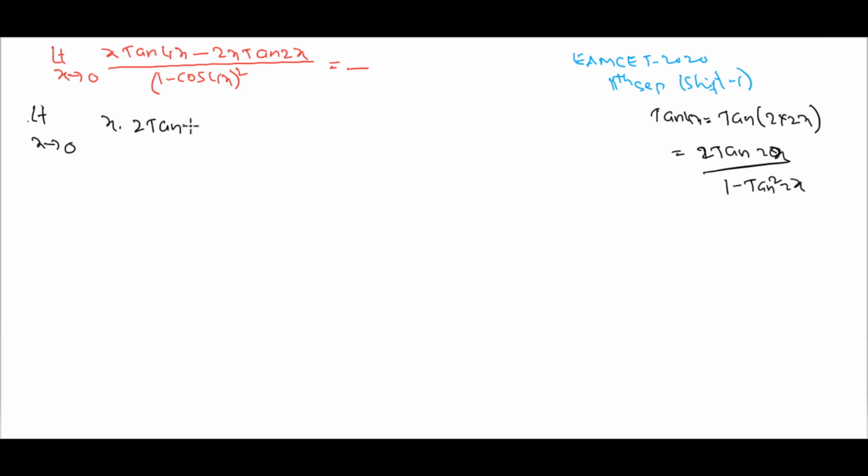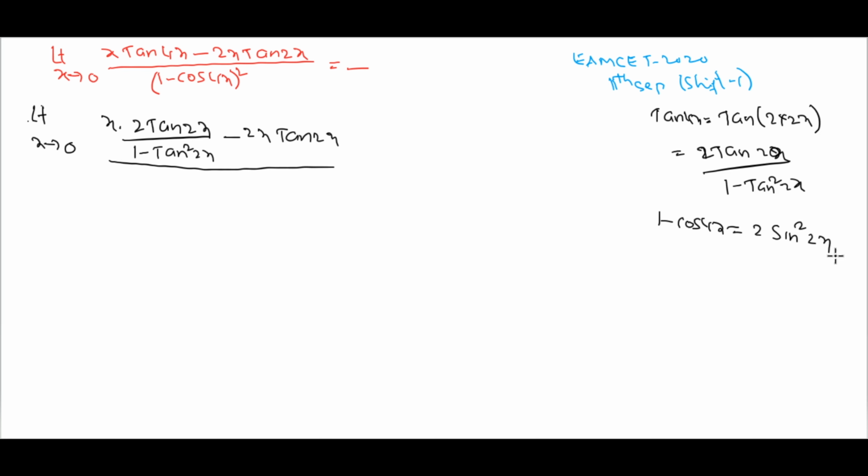that is x into 2 tan 2x by 1 minus tan square 2x, divided by 1 minus cos 4x. That is, 1 minus cos 4x is equal to 2 sin square 2x, that is 2 sin square 2x whole square.